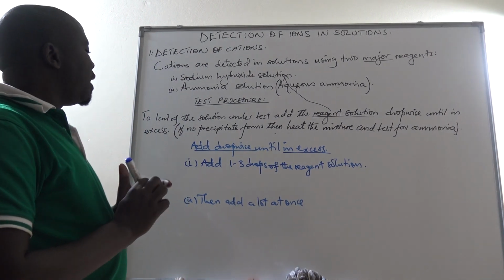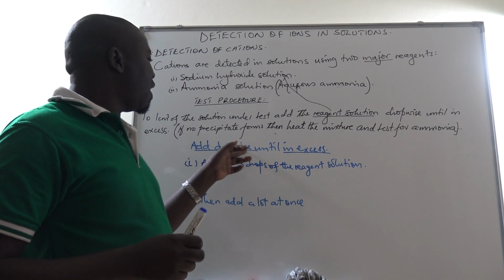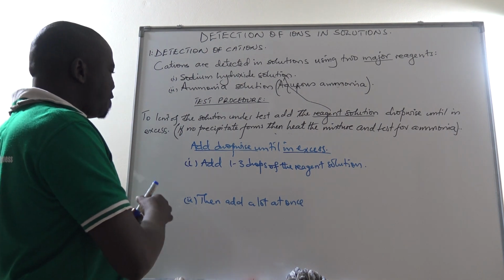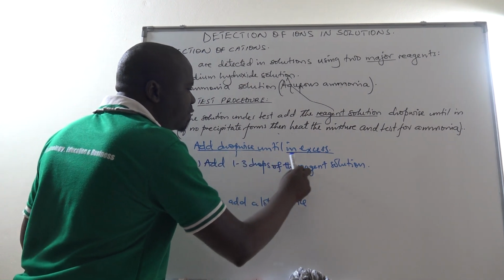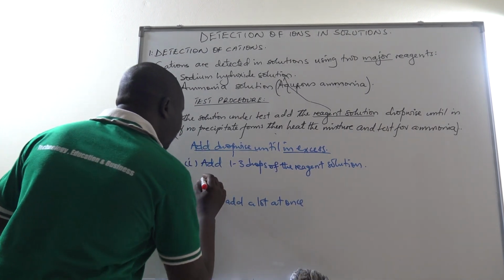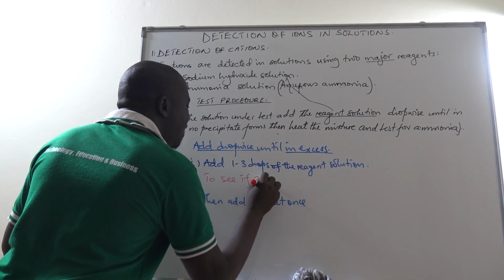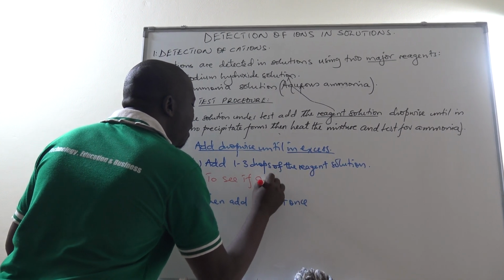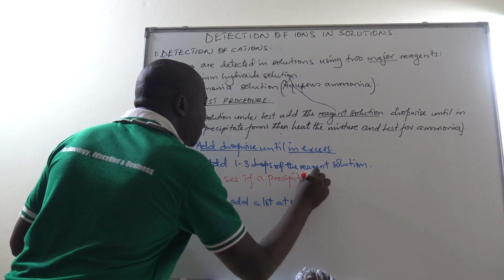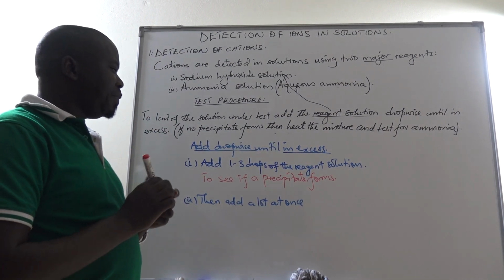We have a reason for doing this. This summarizes the instruction: add dropwise until in excess. So we can firstly add 1 to 3 drops of the reagent solution. This is to see if a precipitate forms.